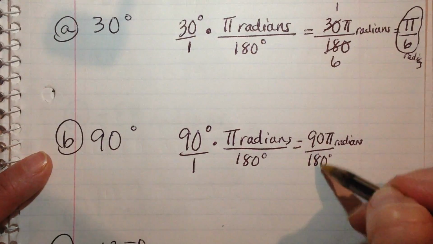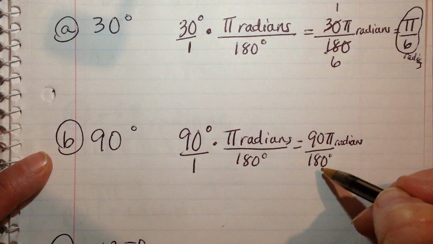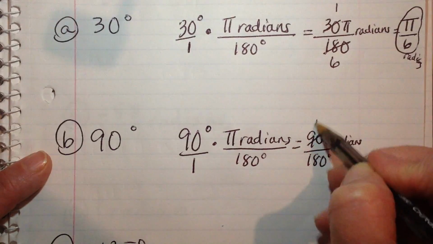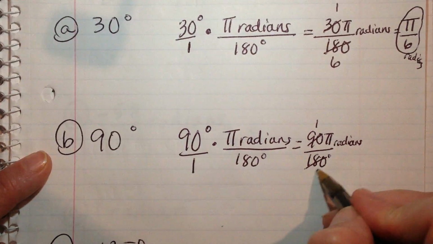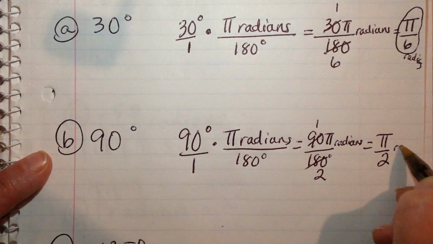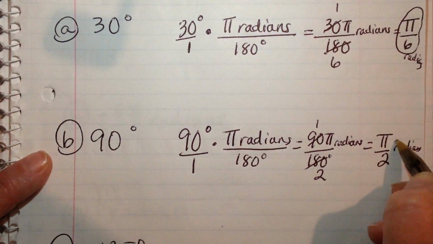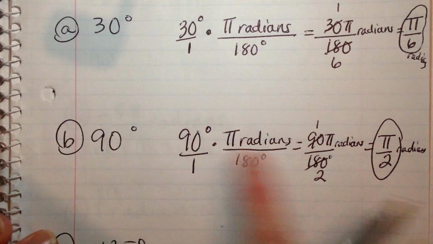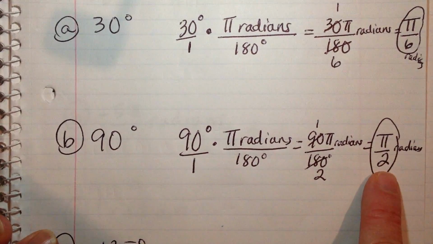Then we reduce 90 and 180. 90 divides into 90 one time, 90 divides into 180 two times. So I end up with pi divided by 2 radians. So 90 degrees is the same thing as pi over 2.